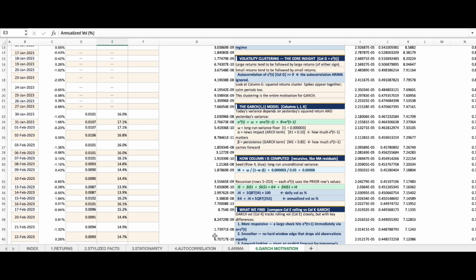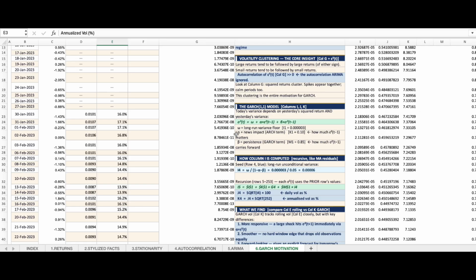The GARCH model says, let's directly use yesterday's squared return and yesterday's estimated variance to predict today's variance. So the GARCH(1,1) equation is sigma squared at time t equals omega plus alpha times epsilon squared at t minus 1 plus beta times sigma squared at t minus 1.